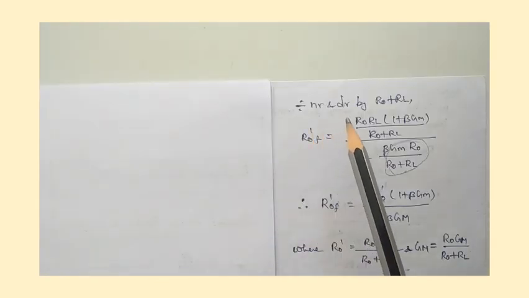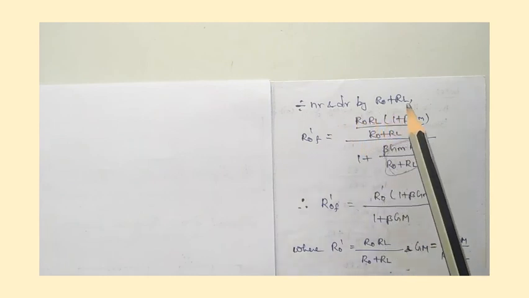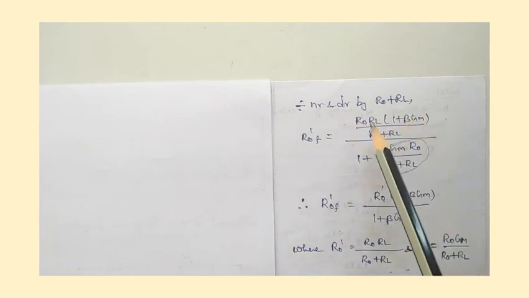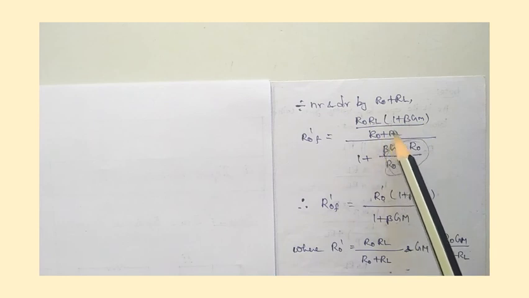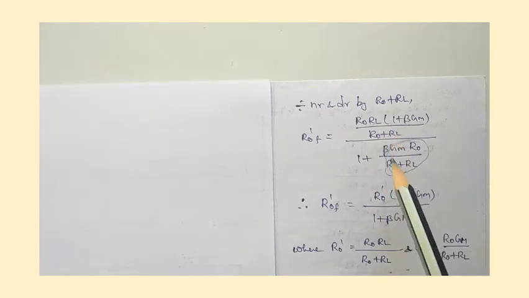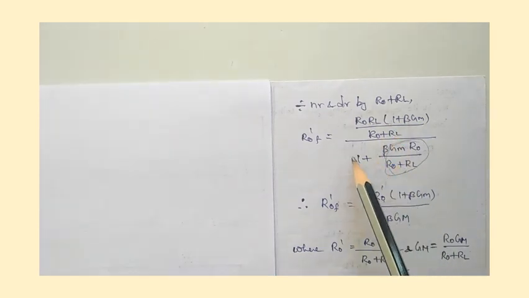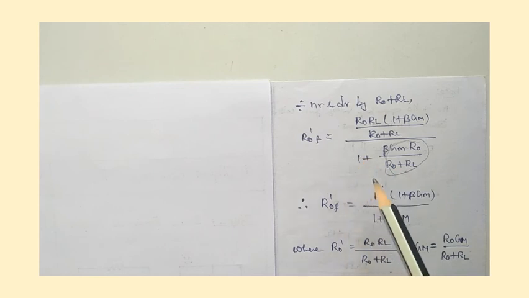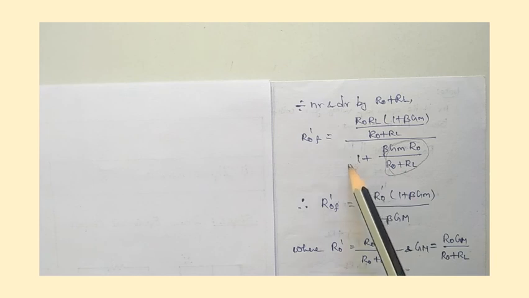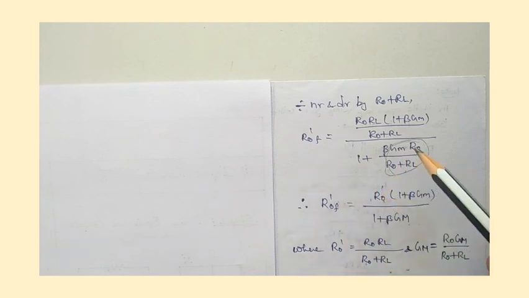Then we divide the denominator as well as the numerator by R0 plus RL. Here I divide the numerator as well as the denominator. Already here I had the expression R0 plus RL, so that is divided by R0 plus RL, and I get 1 here. For the remaining terms, I simplify the expression.